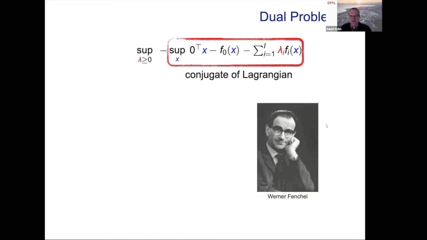So the resulting inner supremum problem over x is then easily recognized as the Fenchel conjugate, or just the conjugate, of the Lagrangian, evaluated at 0. Now recall that the Lagrangian constitutes a weighted sum of convex functions. So from convex analysis, it is well known that the conjugate of a weighted sum of convex functions equals the infinite convolution of the perspectives of the conjugates of the same functions.